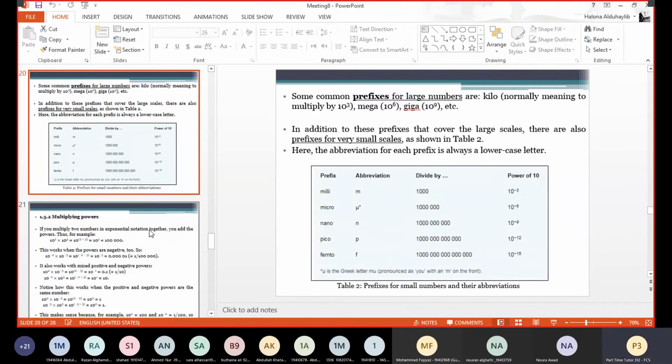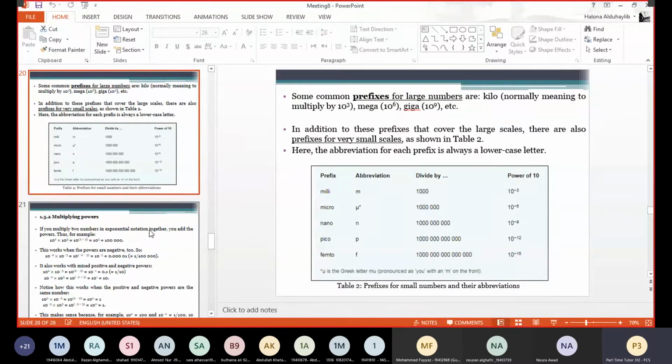Some common prefixes for large numbers: kilo, which is equal to 10 power 3, mega 10 power 6, giga 10 power 9. So rather than representing the number with a lot of zeros, we can represent it by using kilo or mega or giga or tera also, which is equal to 10 power 12.